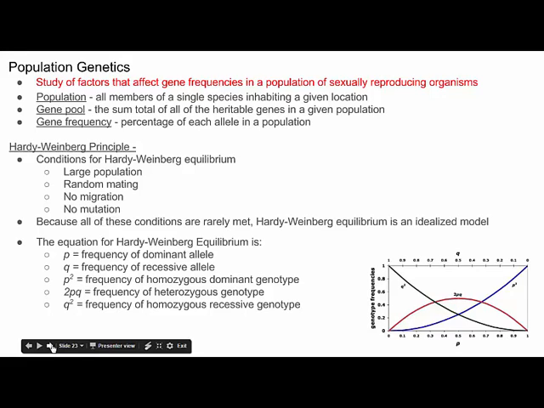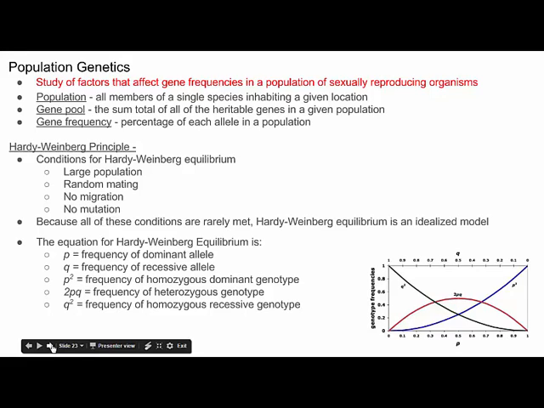Now you need to know some terms here. So if you think back to ecology, when we studied in 7th grade, a population is a single species in a certain location. So we're talking about the genetics of a population. Obviously they have to be connected in some way. Okay?